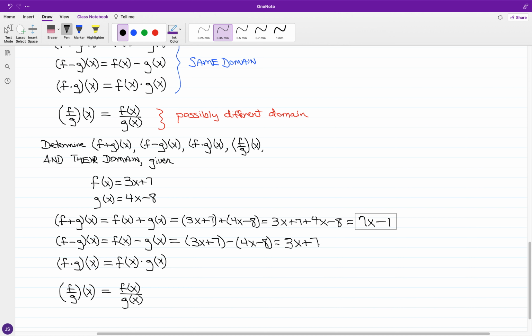However, g of x, 4x minus 8, is being subtracted, so removing the parentheses changes the signs of everything. 4x becomes negative, and what was minus 8 translates to the addition of 8. So you get 3x minus 4x becomes negative x, and 7 plus 8 is going to be 15.